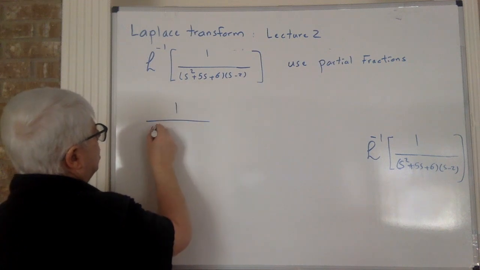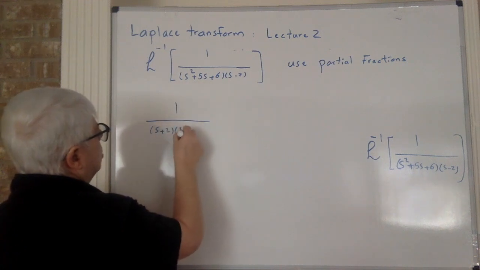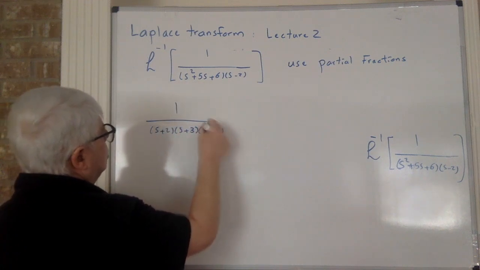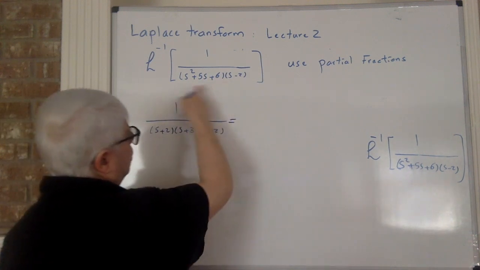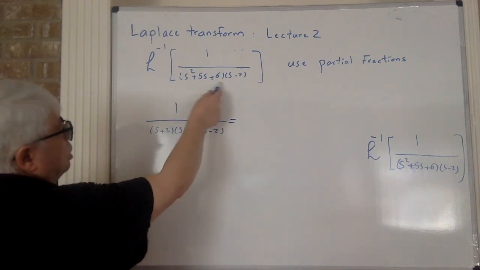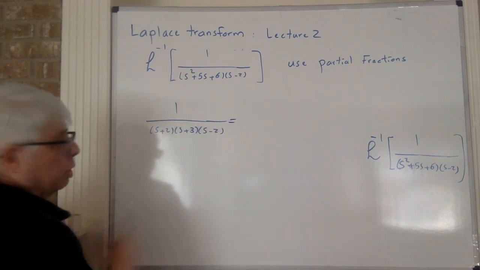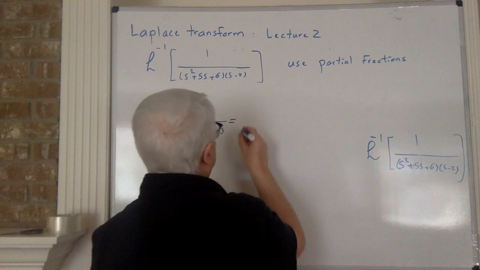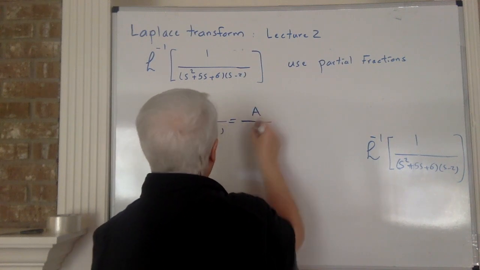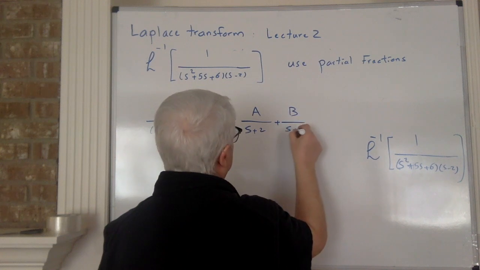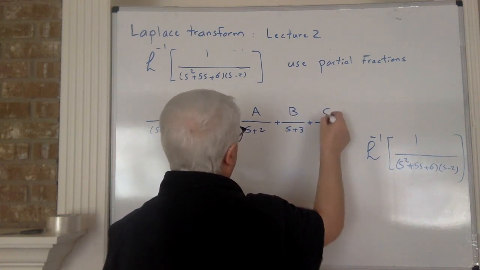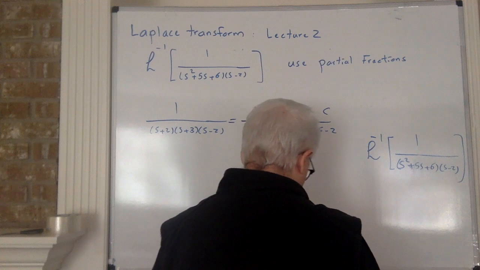First of all, the denominator is s plus 2, s plus 3, s minus 2. Now if a factor is irreducible, then I just leave it like that. So this one is A over s plus 2 plus B over s plus 3 plus C over s minus 2.